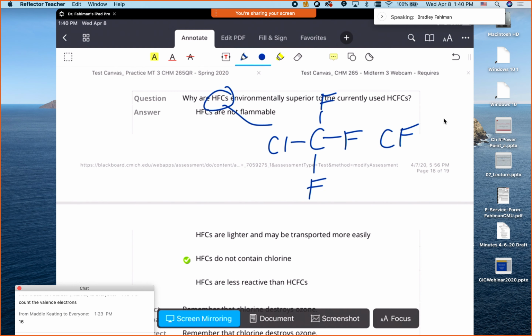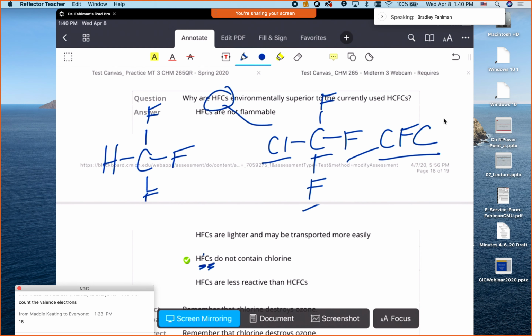An HFC is just replacing the chlorine with hydrogen. So it still has fluorinated carbon, but now it's got hydrogen in its place. So they don't contain chlorine. So that's the big improvement.